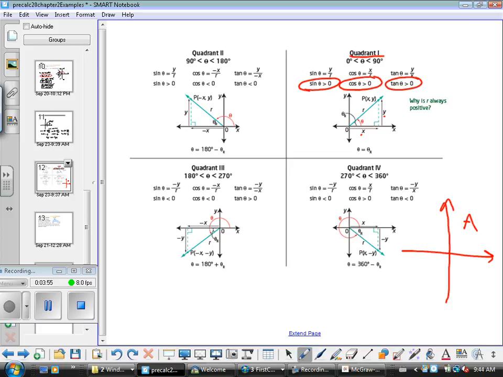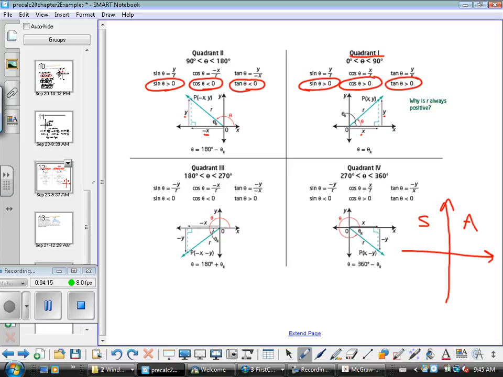In the second quadrant, you still have a positive y, but now you have a negative x, okay? So that's going to leave your sine positive, that's going to make your cosine negative, and it's going to make your tan negative. And so we sometimes put an S in the second quadrant to remember that sine is the only primary trig ratio, out of sine, cos, and tan, that's positive here.